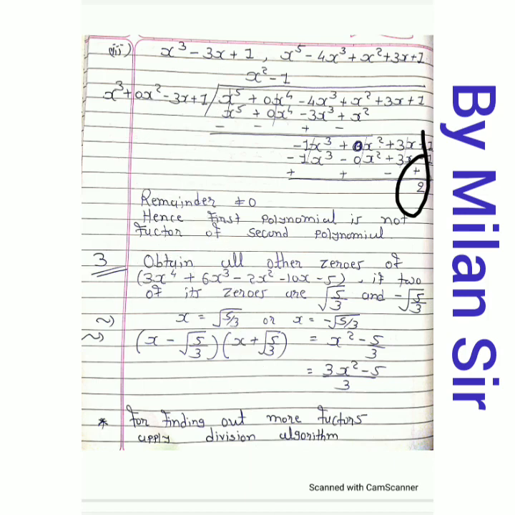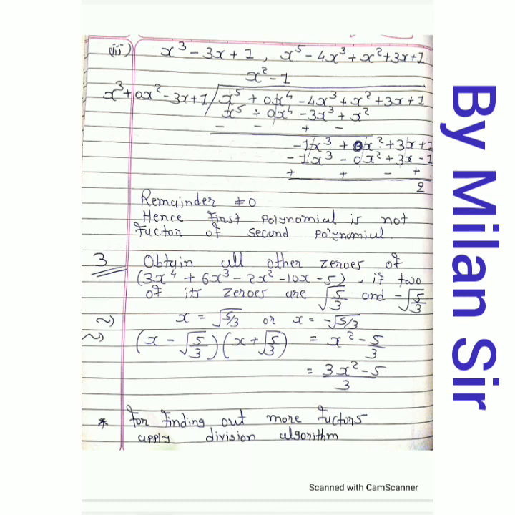So do the addition subtraction process very carefully, otherwise in place of 2 we can do mistake and write 0. Okay, so just look at carefully, plus 1 2. So remainder is not equals to 0 because it's a 2. So hence our first polynomial is not a factor of second polynomial. Okay, here we do not get remainder as 0, that means our first polynomial is not a factor of second polynomial, right?